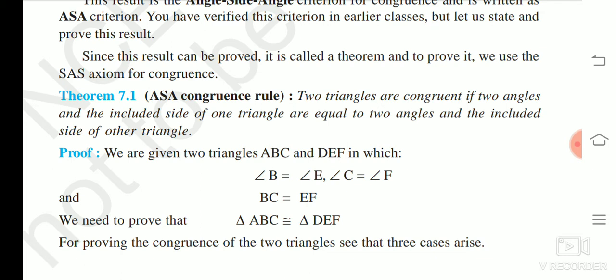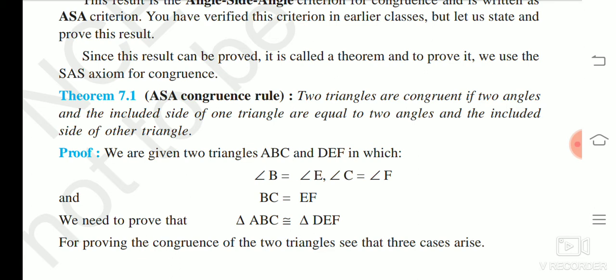Write the statement. Two triangles are congruent if two angles and the included side of one triangle are equal to two angles and the included side of the other triangle. So we compare the two triangles. If the two angles and the side in between them in one triangle are equal to those of the other, then automatically it's congruent.